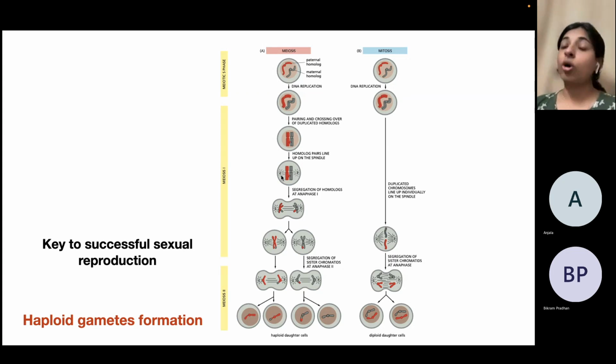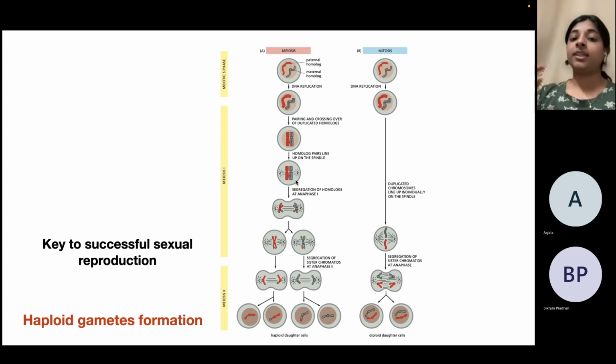What are homologs? They are the two copies of the same gene. Essentially, when fusion happens, the same chromosome is inherited from the maternal gene and from the paternal gene. So we have a diploid state in our cells, which means that we have two copies of the same chromosome, one inherited from the mother, one inherited from the father.